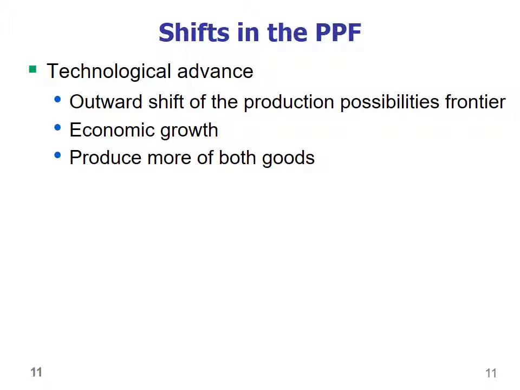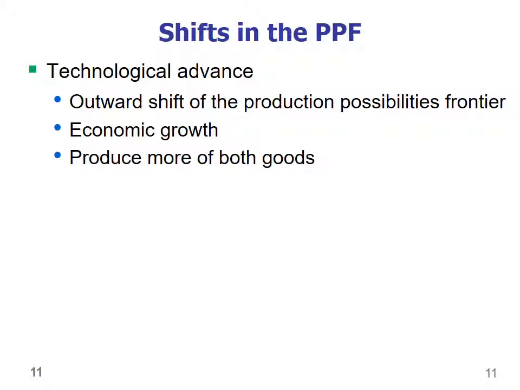If you look at the history of the US over the past 200 years, we have substantially increased our ability to produce goods and services. In other words, this is concomitant with a shift in the PPF. Why may the PPF shift outwards? The PPF can shift outwards as a result of technological advances.